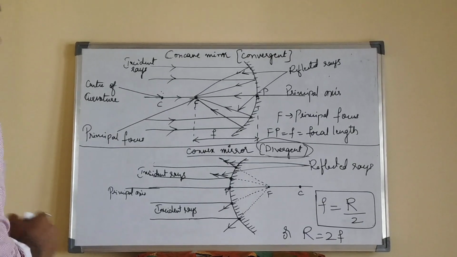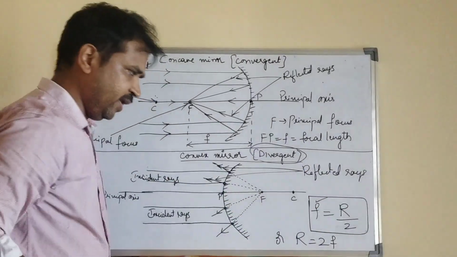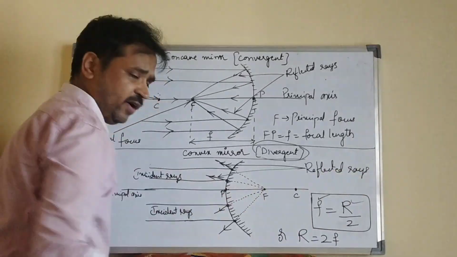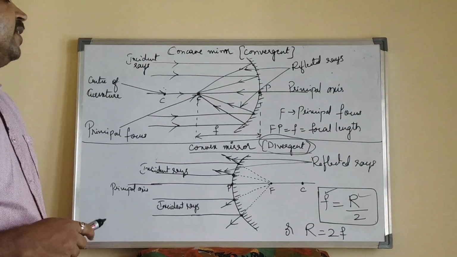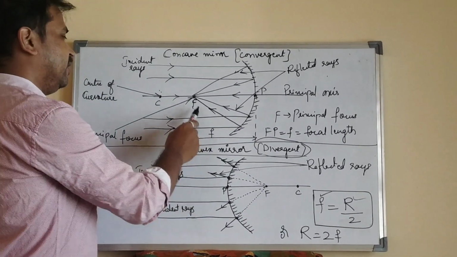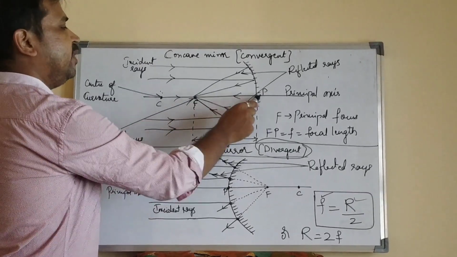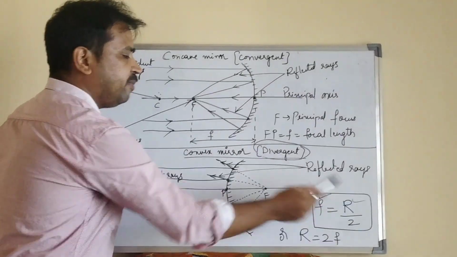Now here we have the relationship between focal length and radius of curvature. Capital R represents the radius of curvature. So what is the relationship with the focal length? I defined focal length as the distance between the principal focus and the pole of the mirror. So focal length is given by R by 2.